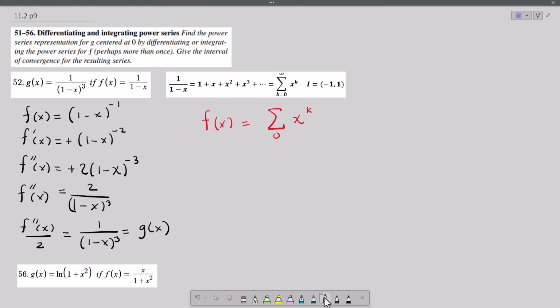It's polynomial. Pull down the power, subtract 1. So f prime, we pull down the power and subtract 1. That's not too bad. Polynomial differentiation. Now let me ask you, what does the k value start at? Does the k value still start at 0, or does the k value start at a different number?